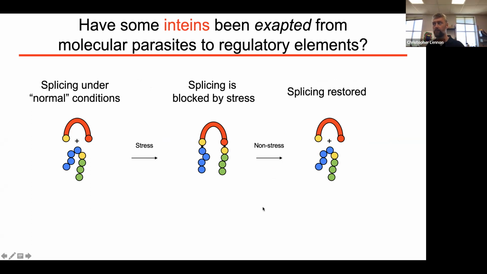And we don't know whether some of these exteins retain partial function. We know that we can definitely detect these cleavage products in a test tube, and depending on conditions, we can alter the accuracy of the protein splicing reaction. I personally think this is relevant out there in nature, but we don't have any evidence yet of that.